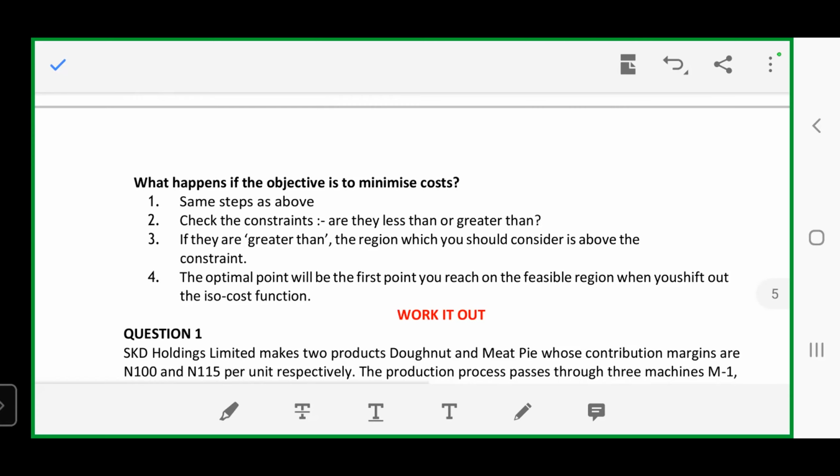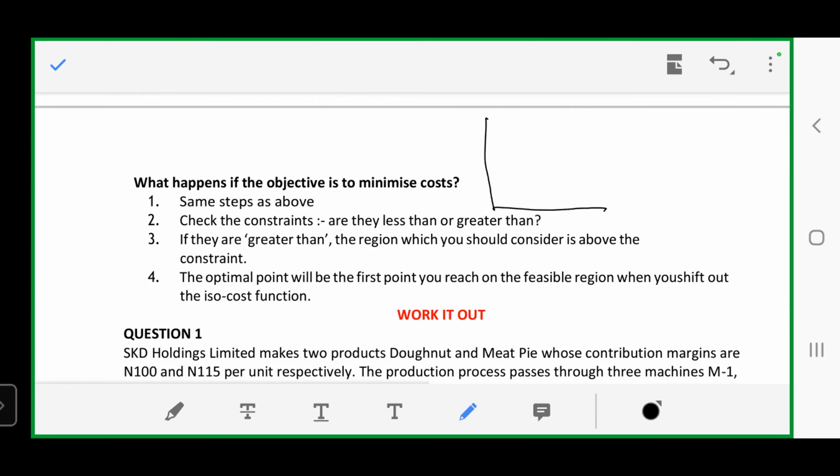We'll be using a greater than. So if they are greater than, the region you will consider will be above the constraint. This is what I mean by that. Let us use our illustration from yesterday. We draw one variable like this, we draw another variable like this, and we say this is our feasible region. If it is a minimization, or we have a greater than sign, here will be the feasible region.